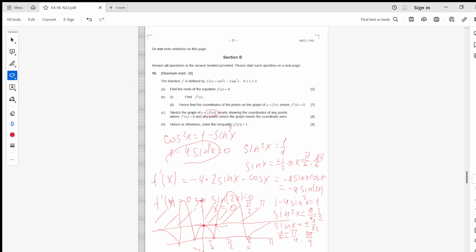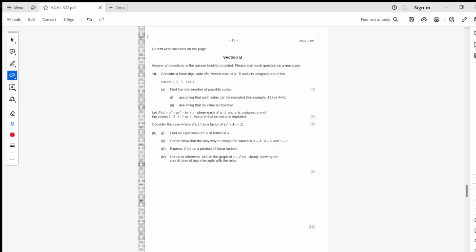So this is pi over 4. This is 3 pi over 4. And our answer would be from pi over 4 to 3 pi over 4. Moving to the next question.